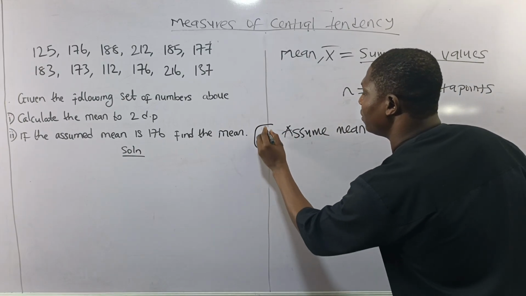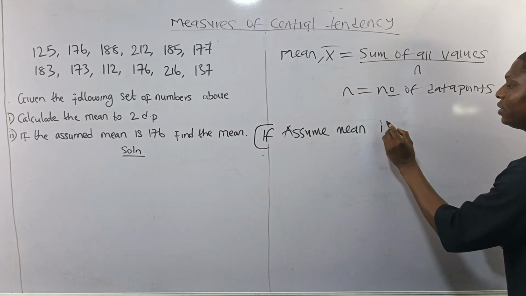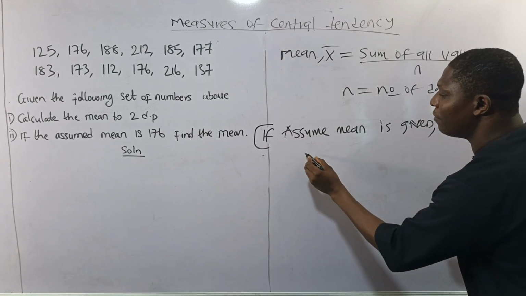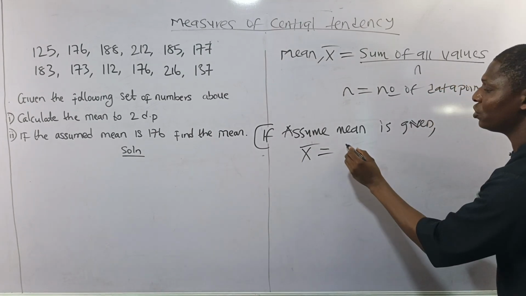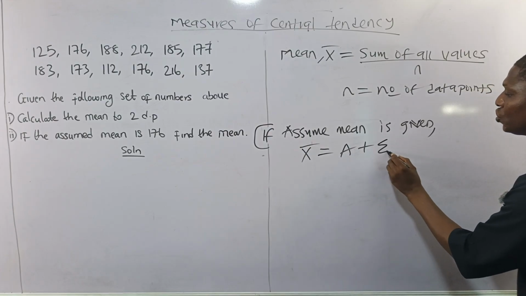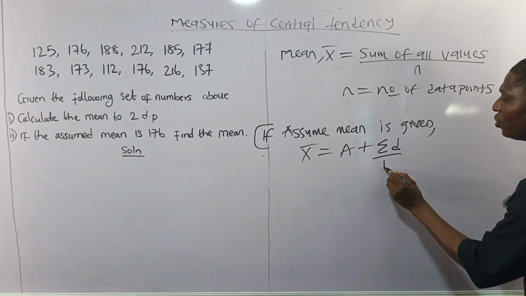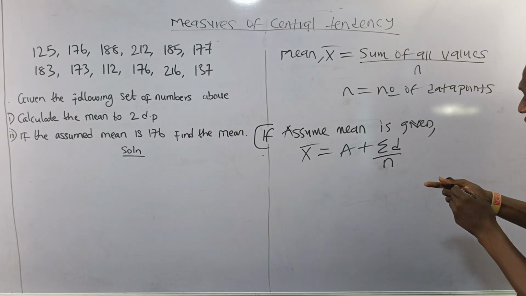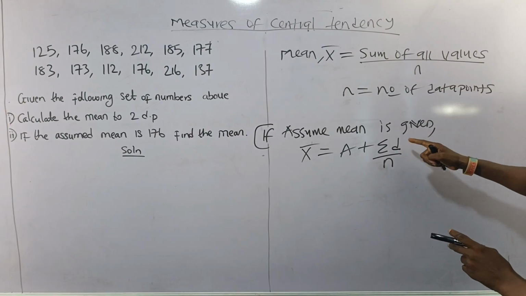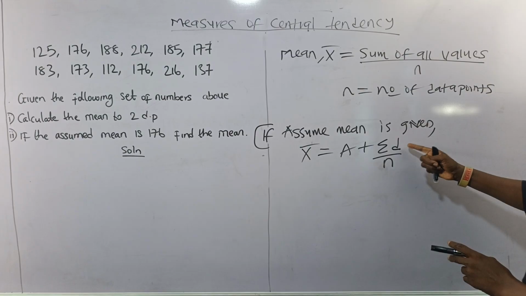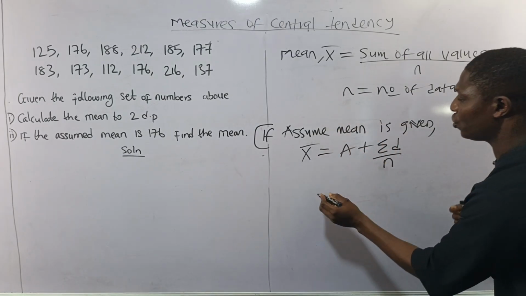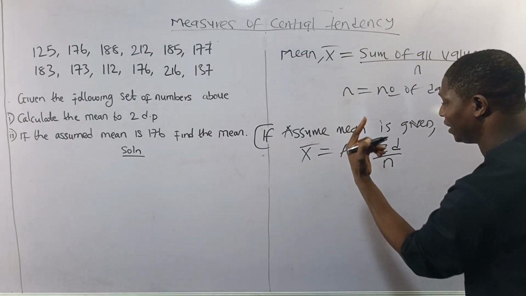Now, maybe we are given an assumed mean for our grouped data. If an assumed mean is given, our mean x bar will be equal to A plus summation D all over N, where N remains the number of data and summation D is the addition of all the deviations from the mean. From this information, x bar is our mean.